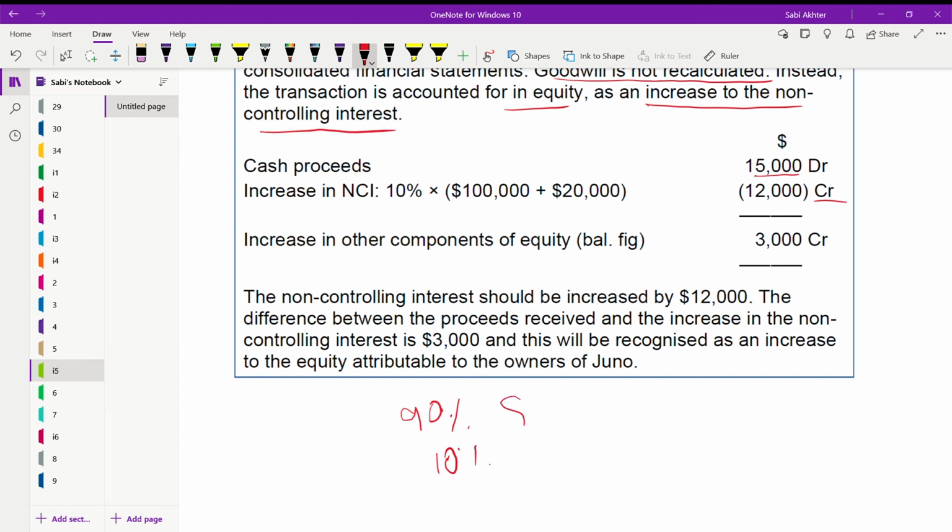Now you are having 80%. Now NCI becomes 20%. So from 10 to 20, that increase you have to find out, okay? Not this 10%, not this 20%, that increase only, that change. So this 10% into 100 plus 220. This 100 is net asset, this is goodwill.